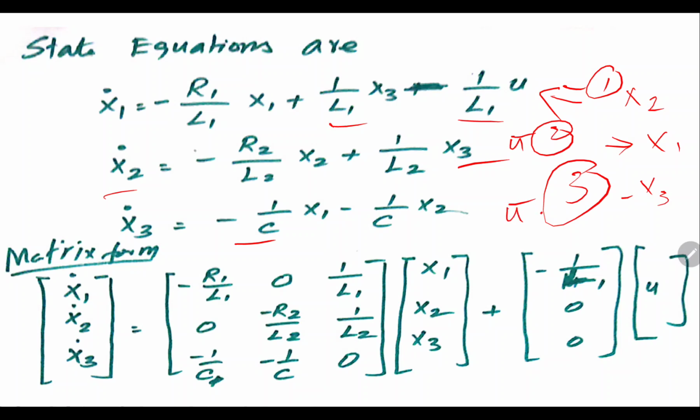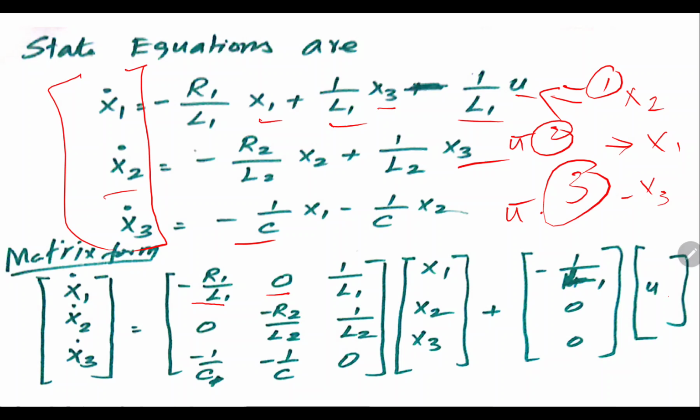So when I write this in matrix form, first I take x1 dot, x2 dot, x3 dot as the column matrix. Then I write the coefficients of the state variables x1, x2, x3. In the first equation, x2 is missing, x1 has its coefficient, x3 is there with 1 by L1, and u has minus 1 by L1.